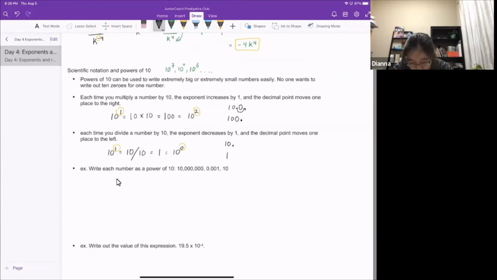This decimal point used to be here, and now it moved 1 place to the left, directly to the right of 1. So when I multiply by 10, this number increases by 1. When I divide by 10, this number decreases by 1.